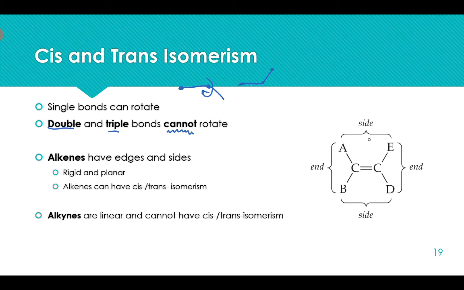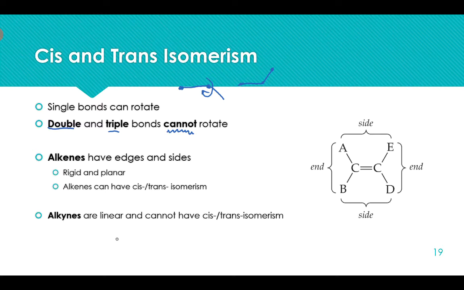Alkenes have two groups on each end for each carbon, and we call a side when it's across the double bond. These are rigid. It cannot rotate, so we cannot flip the location of E and D. Those are fixed in here.